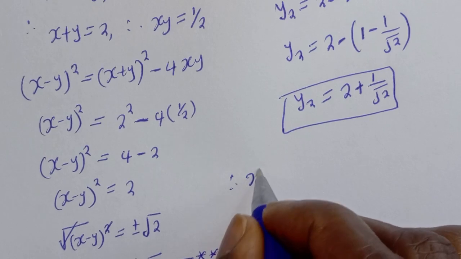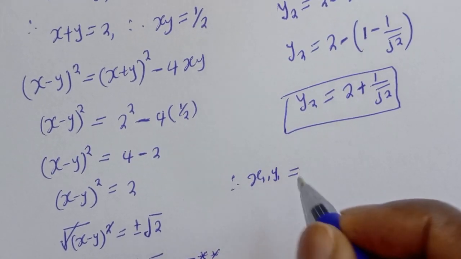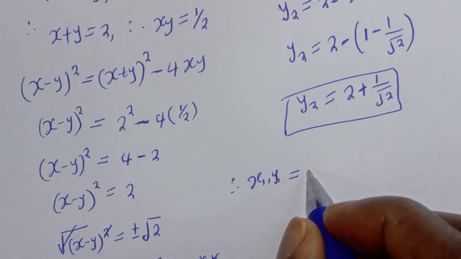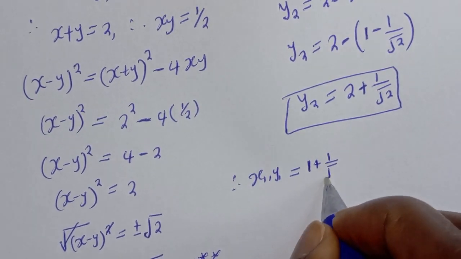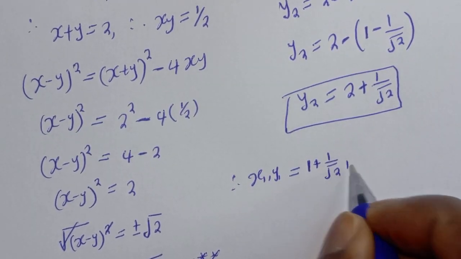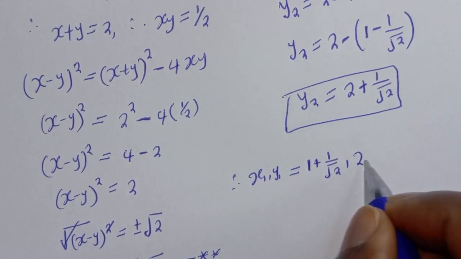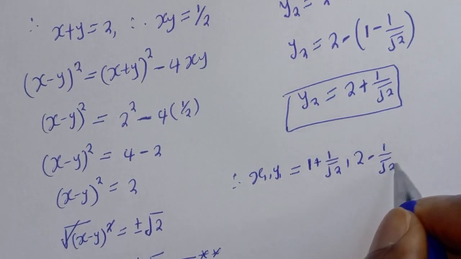Therefore, x1, y1 is equal to 1 plus 1 over root 2, and y1 is 2 minus 1 over root 2.